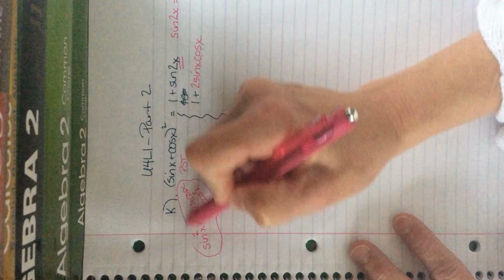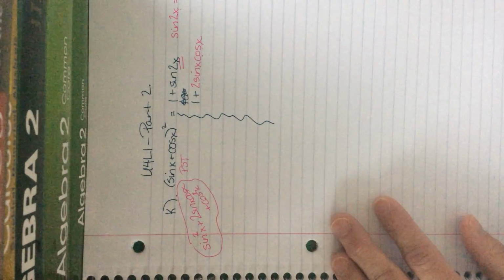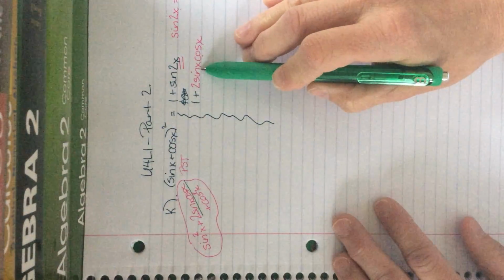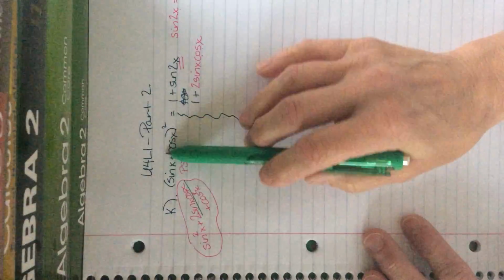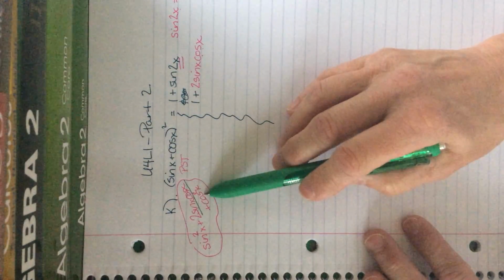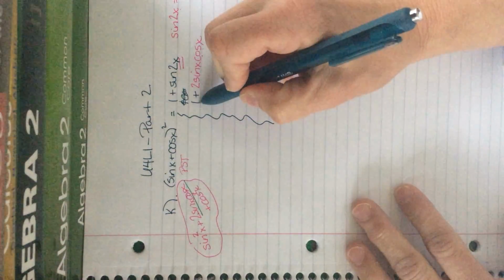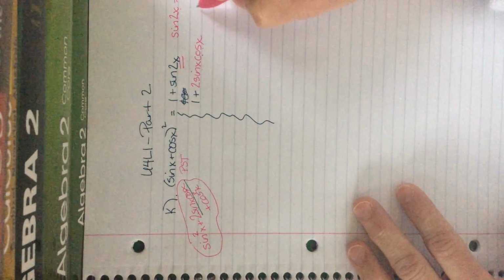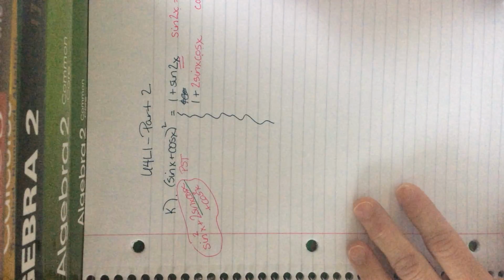Well, if you look at that, notice there is something that shows up that we definitely need. I see that we have this 2 sine x cosine of x, which is good. So let's think about the 1. Notice that when you multiply this out, you have this sine squared x plus this plus cosine squared x. Well, if you recall, we have an identity of cosine squared x plus sine squared x equals 1.